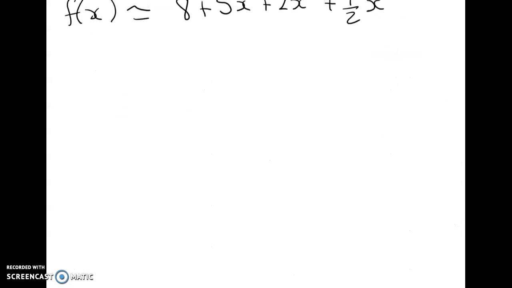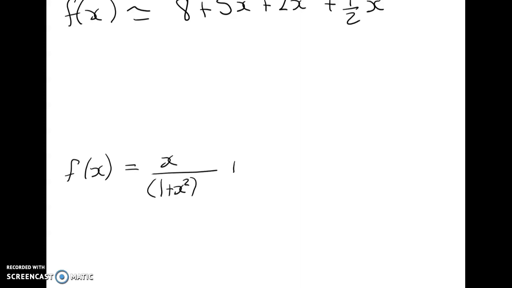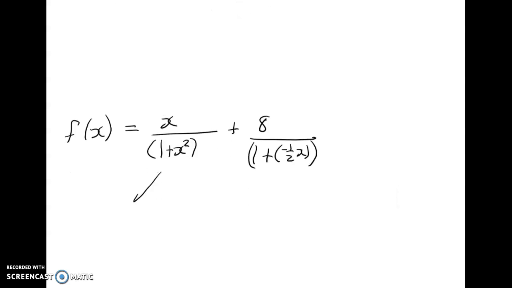So let's write it out a little bit more tightly. f of x is equal to x over (1 plus x squared) plus 8 over (1 plus -1/2 x). So this one is valid for the absolute value of x squared being less than 1, which is the same as the absolute value of x being less than 1.